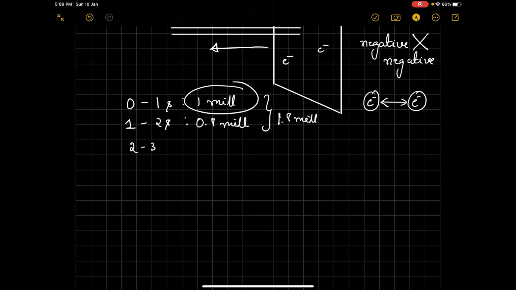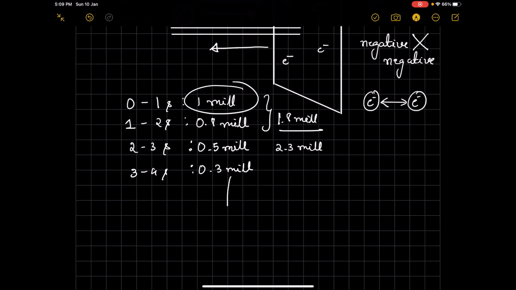From 2 to 3 seconds, since there are more electrons now, the repulsion will be more and even fewer electrons will accumulate, say 0.5 million. At this point you have around 2.3 million electrons in total, and in the next 1 second there will be a further reduction in the number of electrons that are going to get accumulated on the plate.